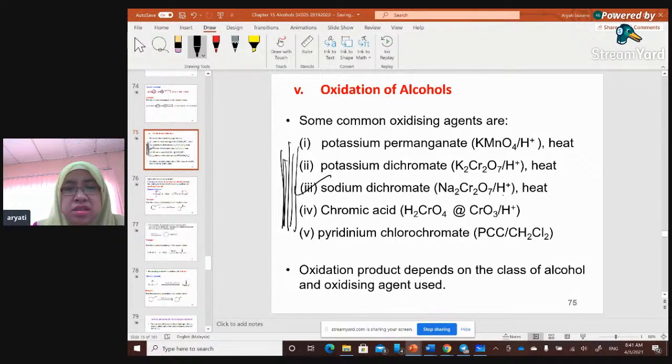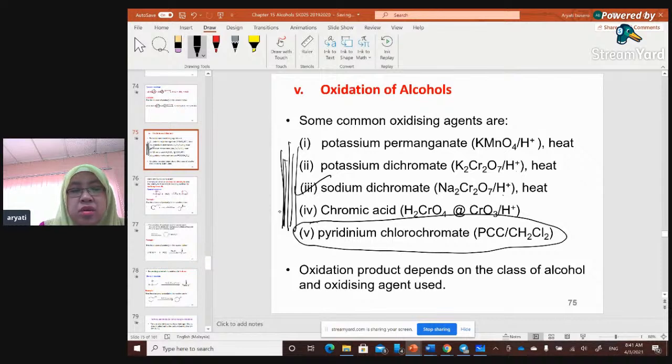So that is potassium permanganate, cadmium permanganate in acidic heat, potassium dichromate, K2Cr2O7 in acidic and heat, sodium dichromate, as I mentioned, chromic acid, hydrogen chromate, okay, ataupun chromate in acidic and heat, sodium dichromate, PCC, CH2Cl2. PCC is the only weak oxidizing agent. So oxidation product depends on the class of alcohol and the oxidizing agent used.